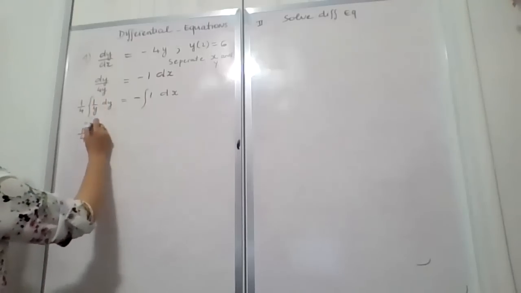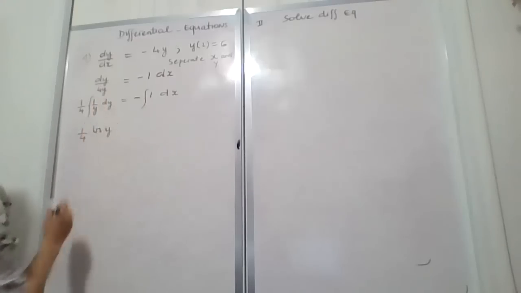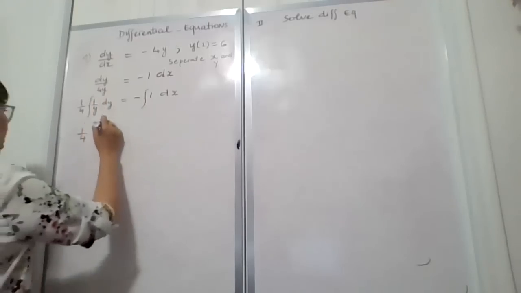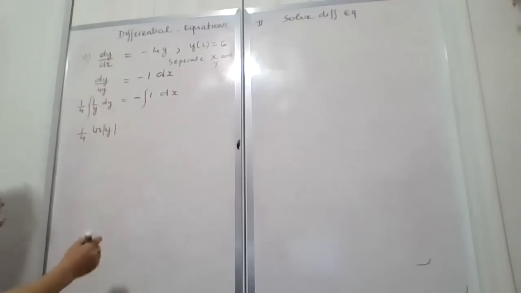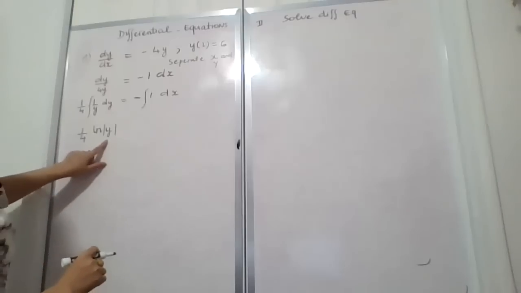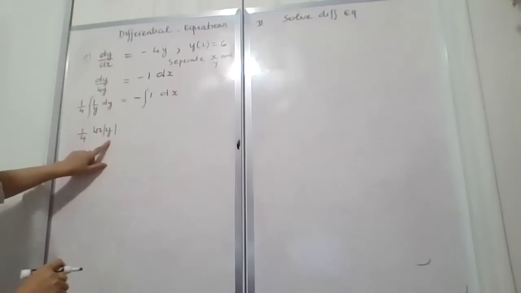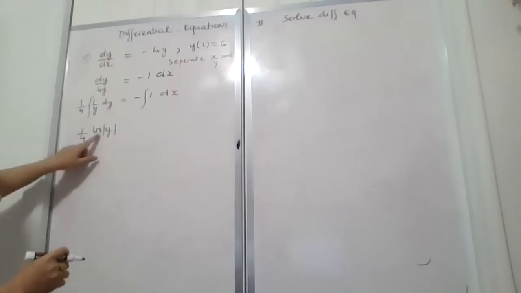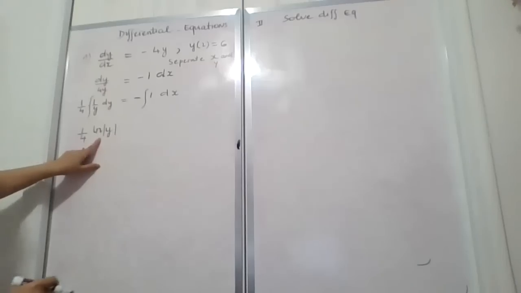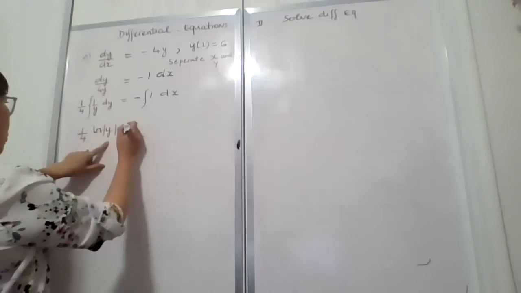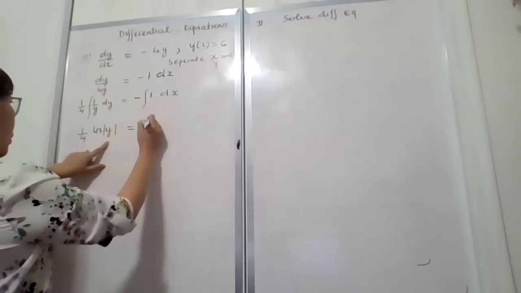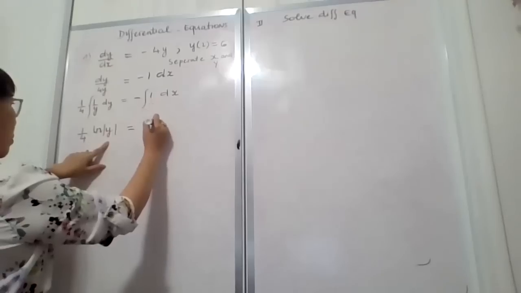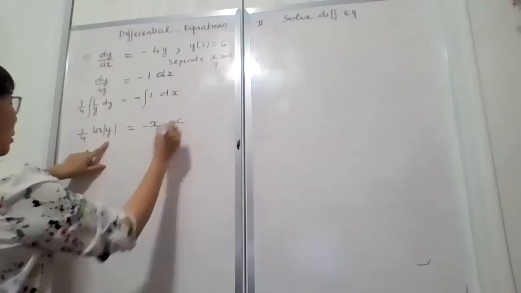Antiderivative of 1 over y is ln y, and I'm going to put in the absolute value to make sure that, since we don't know what y equals, this number inside has to be positive, right? We cannot take the ln of a negative number. So that's why we put the absolute value. Equal, integration of this will be minus x plus c.